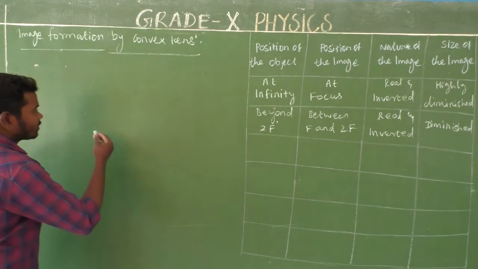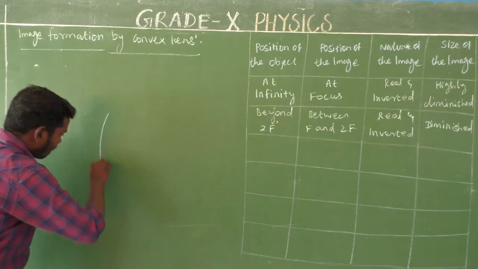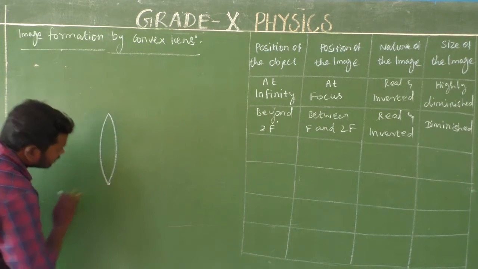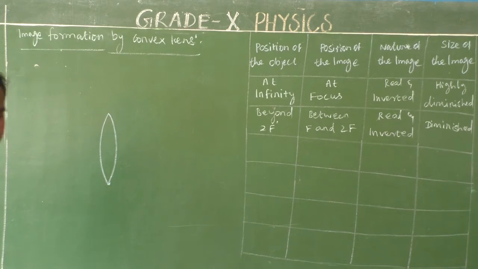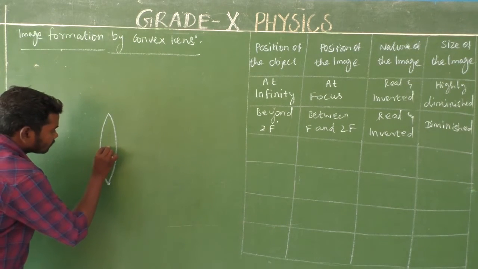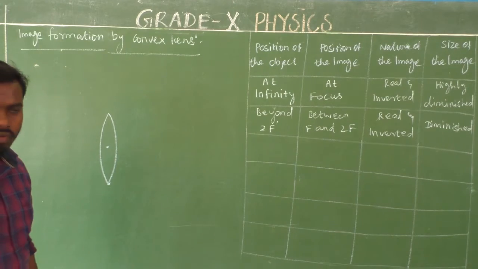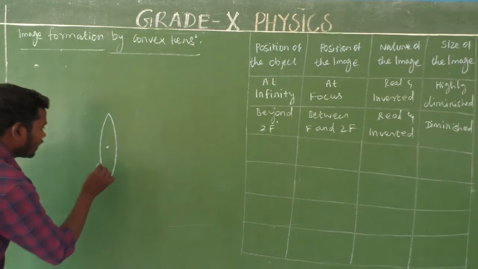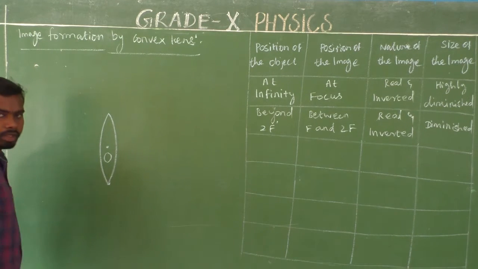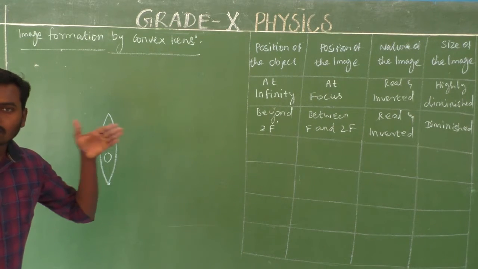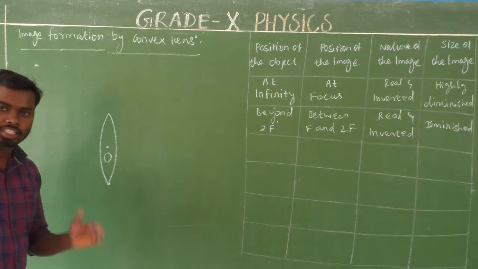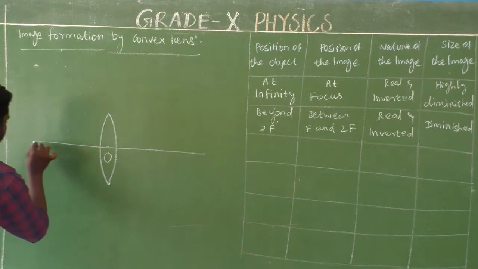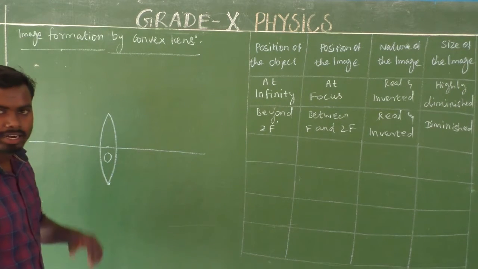Consider a convex lens. The center point of the convex lens is the optical center, O. An imaginary line which passes through the optical center is the principal axis.